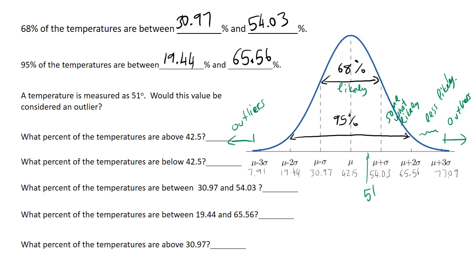What percent of the temperatures are above 42.5? Now, 42.5 is exactly at the mean. Therefore, the mean will be dividing the entire data into two equal parts, 50%, 50%. So 50% of the data will be above the mean, and 50% of the data will be below the mean.